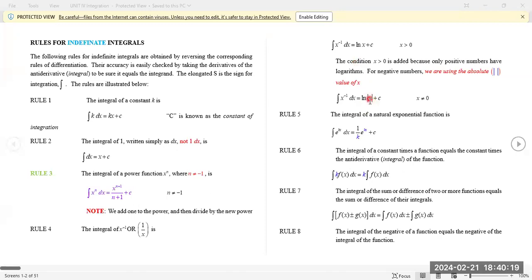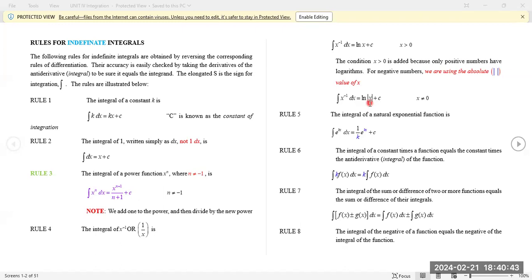The absolute value sign is those 2 strokes around the x. So if we have ln of negative 3, what we're going to do for our answer is find ln of positive 3. We're taking an absolute value because only positive numbers have logarithms, all right?